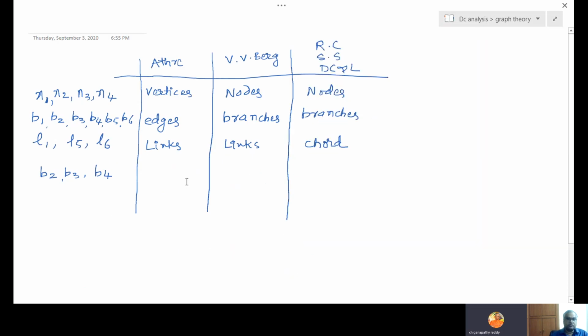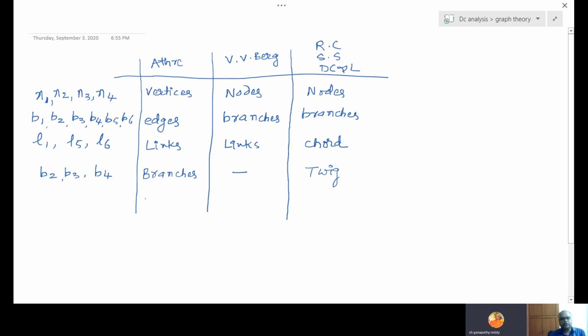Per Atre, he is calling B2, B3, B4 as branch. And Van Valkenburg did not say anything. And these local authors are calling them twigs.